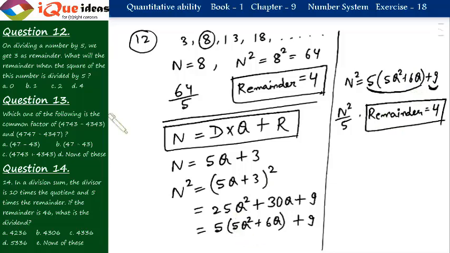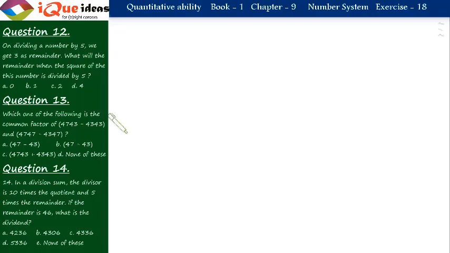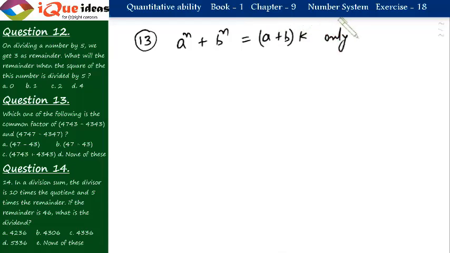Okay. Now let's take the next question, question number 13. This is a very specific question. We have already seen earlier that a raised to the power n plus b raised to the power n is always divisible by a plus b only if n is an odd number.